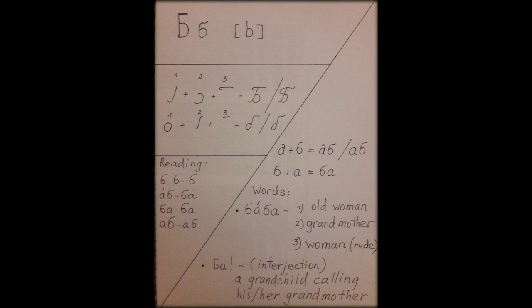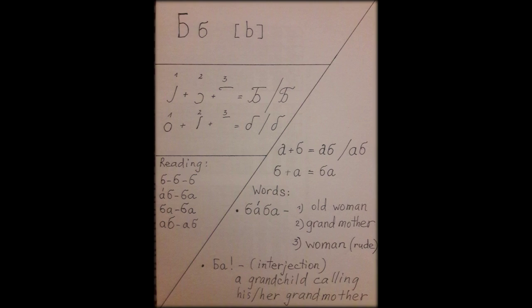Pay attention that I have written the letter R a little bit differently than in the previous lesson, but I think it's a familiar way of writing it down, so you will easily understand. So we have AB, and if we change letters, we shall have Ba.